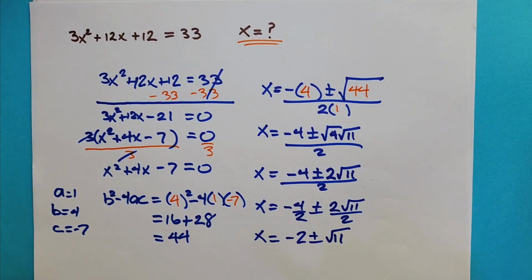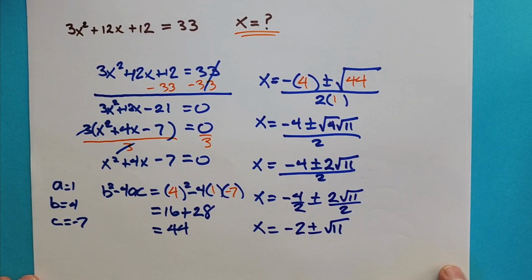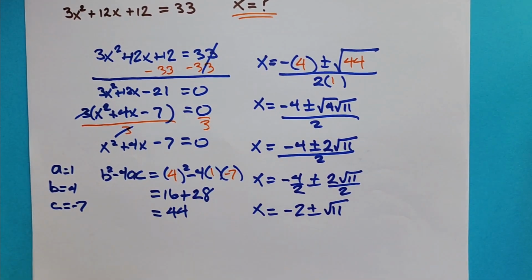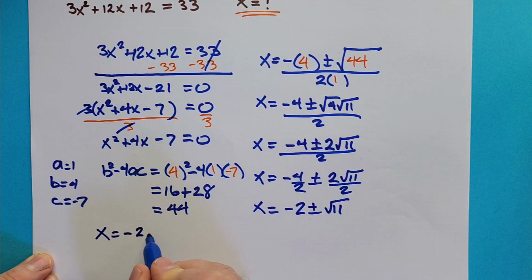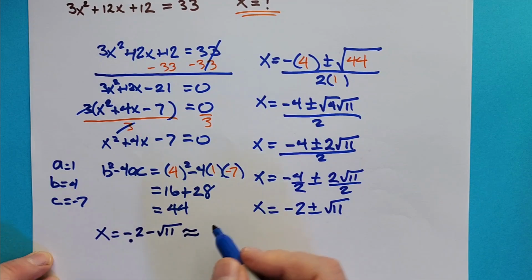Now on this example, since we have irrational roots, rather than writing this as a list, I'm going to do the approximations for both the roots. So one of the roots is x is equal to a negative 2 minus root 11. And we'll go ahead and just approximate that with a calculator.